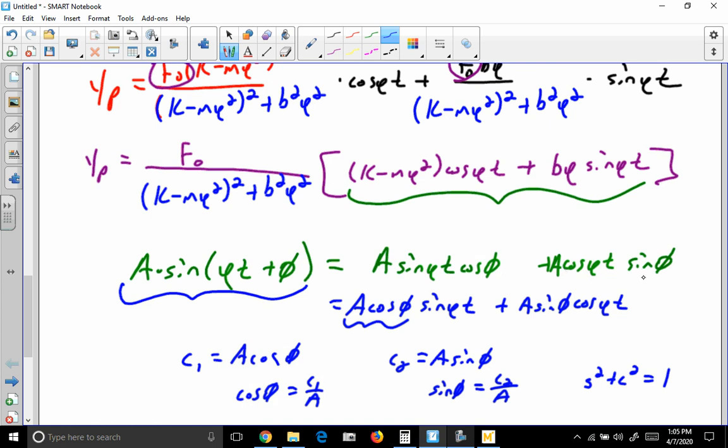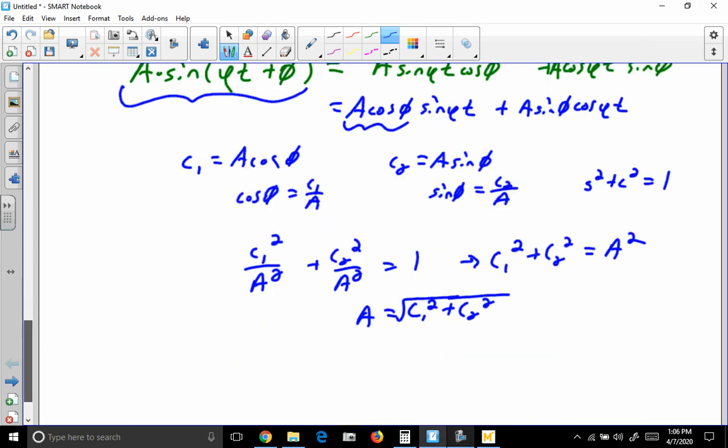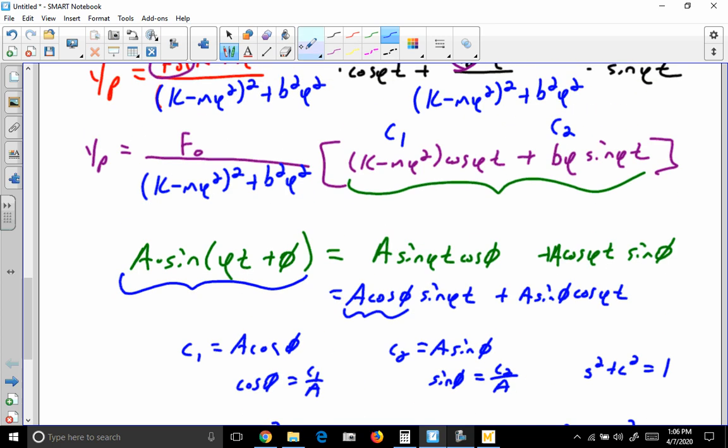The cosine gamma, that was this one. I guess it is technically. So C1 and C2. So we end up with, let's see if we can copy this.